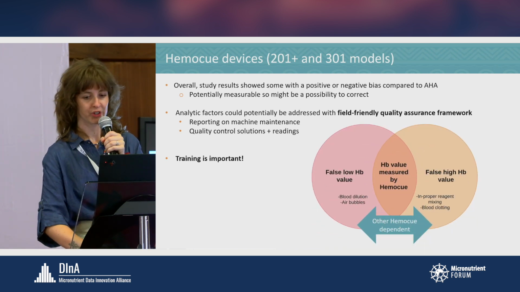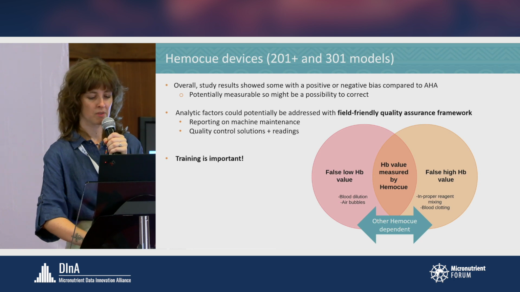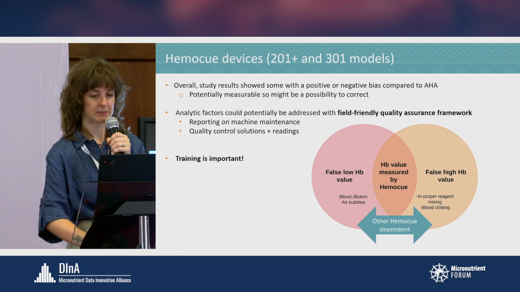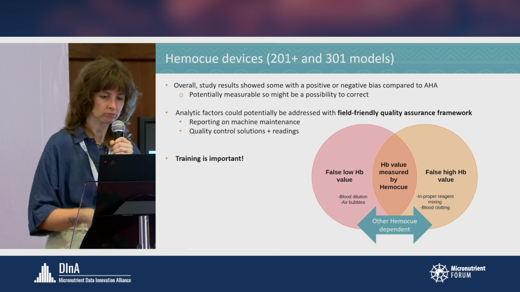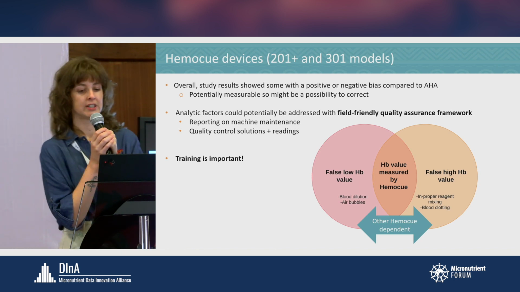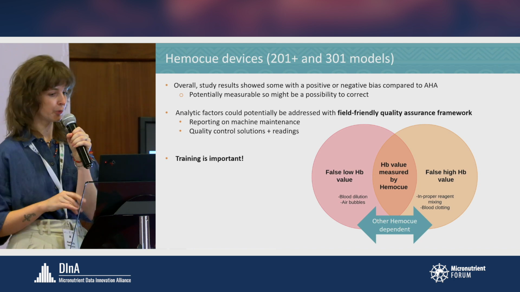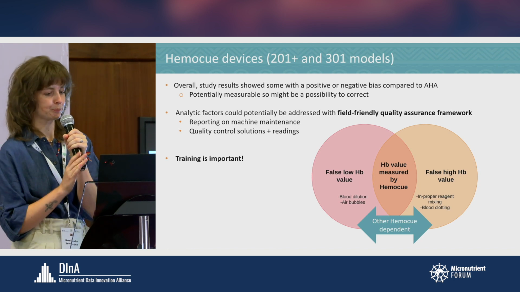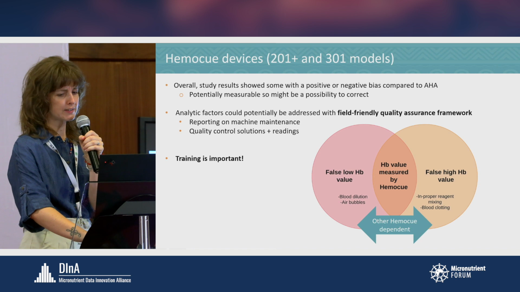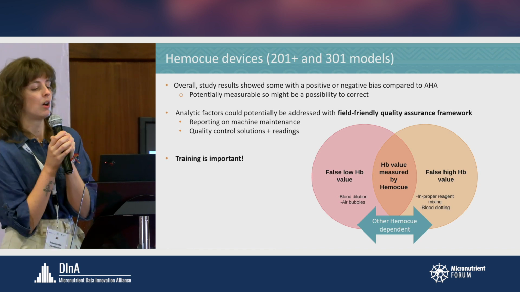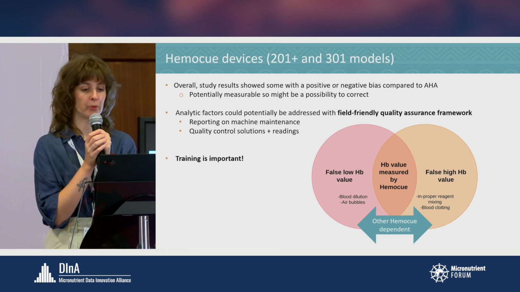Something we see often within trainings, and which does affect the accuracy and the reliability of the data of the field workers, is false low hemoglobin measurements from the HemoQ.